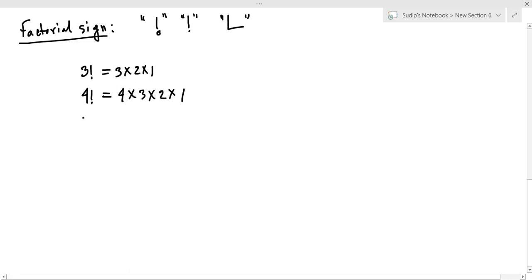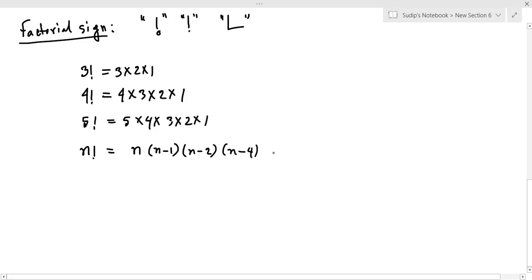If you are given 5 factorial, you write 5 into 4 into 3 into 2 into 1. If you are given n factorial, you write n into n minus 1 into n minus 2, and so on, up to 3 into 2 into 1. So this is the meaning of factorial.